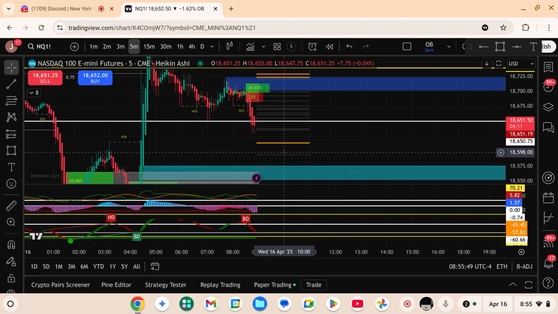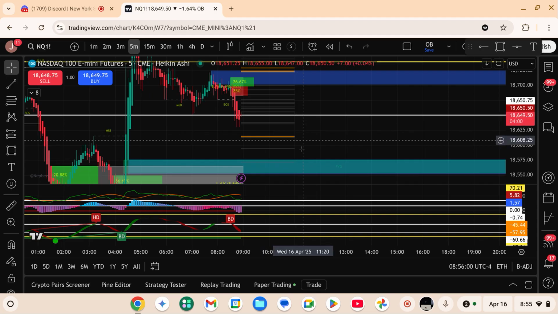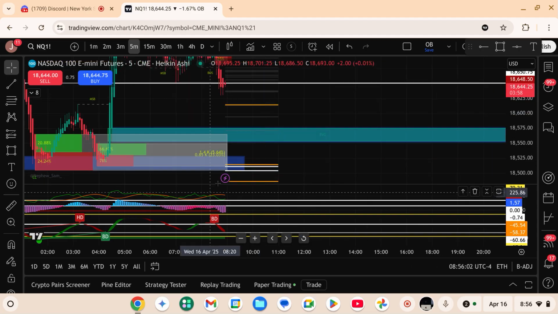Yeah, that looks about right. So a breakout from here, this box, to this white line here, or a breakout from this box to that white line.